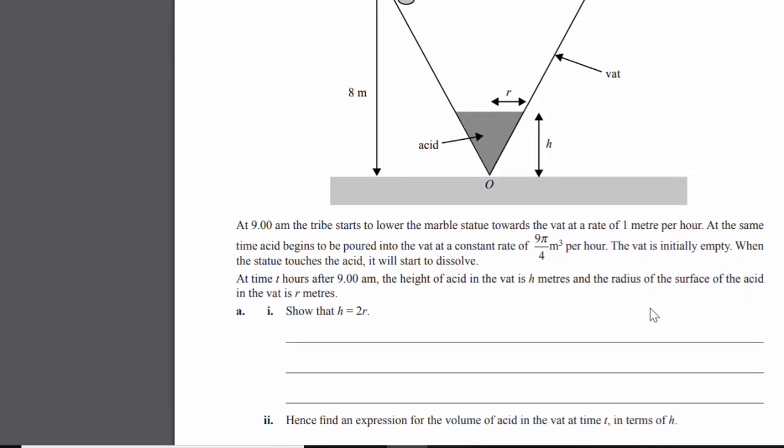Right, we're not going to work through the whole question, but I really just want to show you the related rates part of this question. So firstly, show that H equals 2R. Well, you can perhaps see there that we have two similar triangles. We have the small triangle in the bottom, which is made of the acid, has a radius of R and a height of H. We have the larger triangle from the cone, which has a height of 8 and a radius of 4.